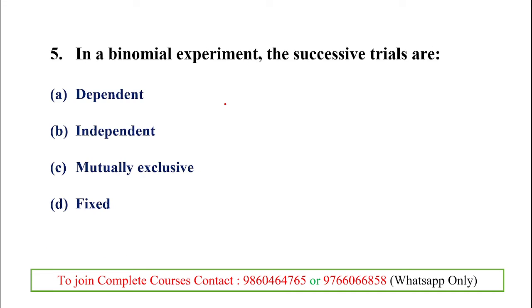Then, in a binomial experiment, the successive trials are whether dependent, independent, mutually exclusive or fixed. In a binomial experiment, we can think about the successive trials. We can confuse it that it can be fixed or it can be independent. We may get confused about the difference between independent and fixed.